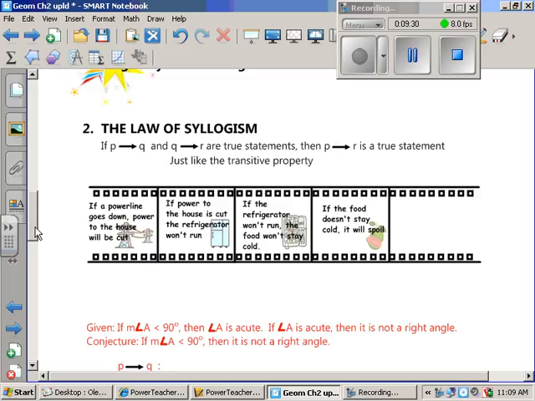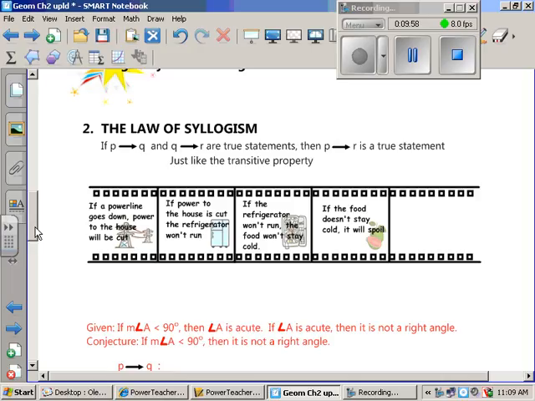The food will spoil. You're allowed to skip all the other stuff and make that conjecture, and that conjecture will be true. So after you get all your statements in a row in the right order, then you're allowed to conclude the hypothesis of the first statement and the conclusion of the last one.